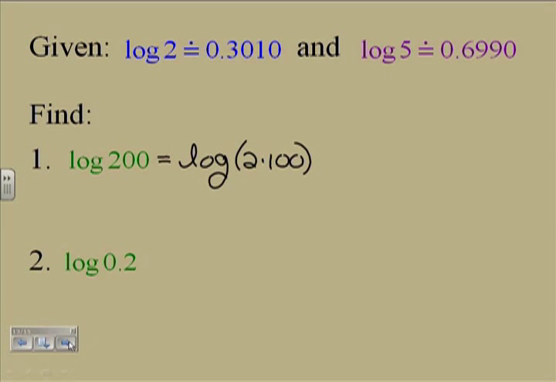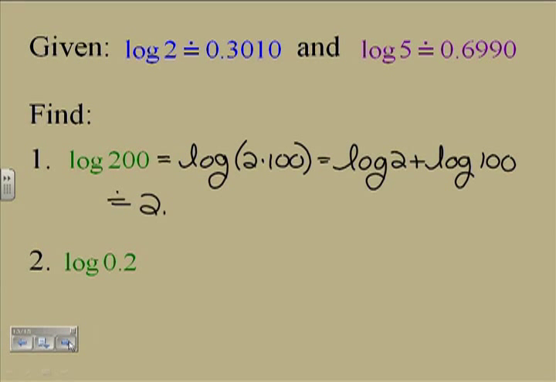So using my property, if I'm multiplying on the input, I get to add my exponents. And my logs are my exponents. Log of 2 is approximately 0.3010, and log of 100 is 2, so I get that this is approximately equal to 2.3010.